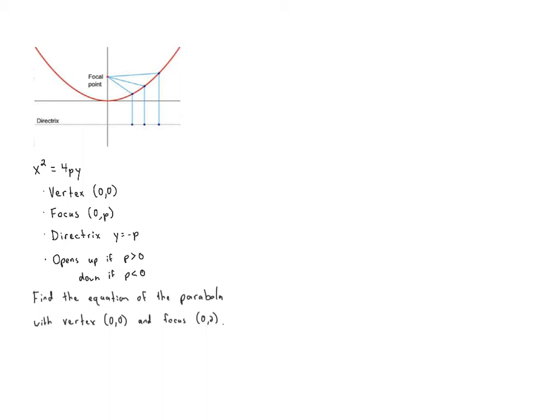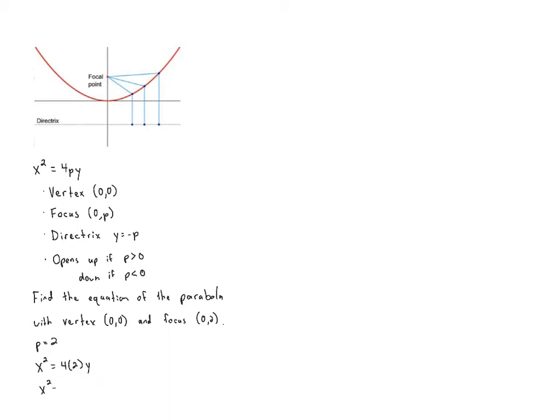Find the equation of the parabola with vertex (0, 0) and focus (0, 2). If the focus is at (0, 2) and the vertex is at the origin, that tells us the value of p is equal to 2. And when we substitute that into the equation, we get x squared equals 4 times p, which is 2, times y, and 4 times 2 is 8.